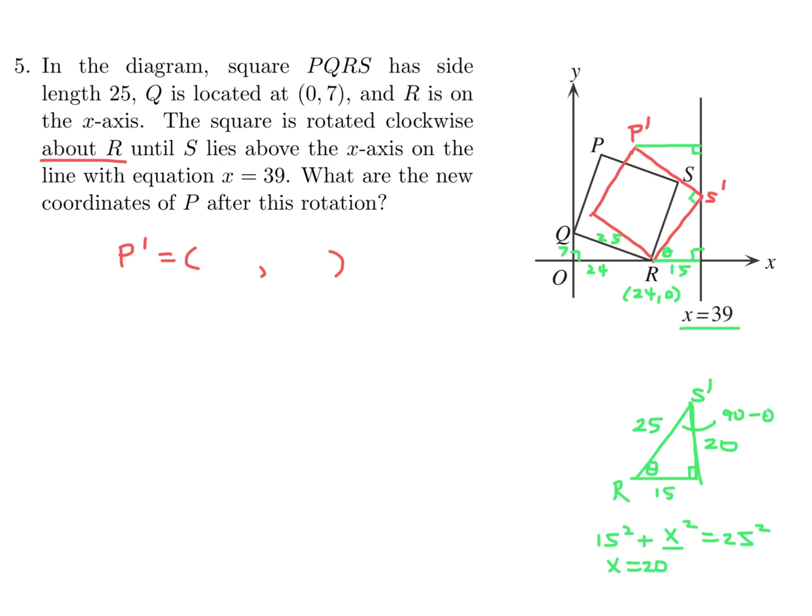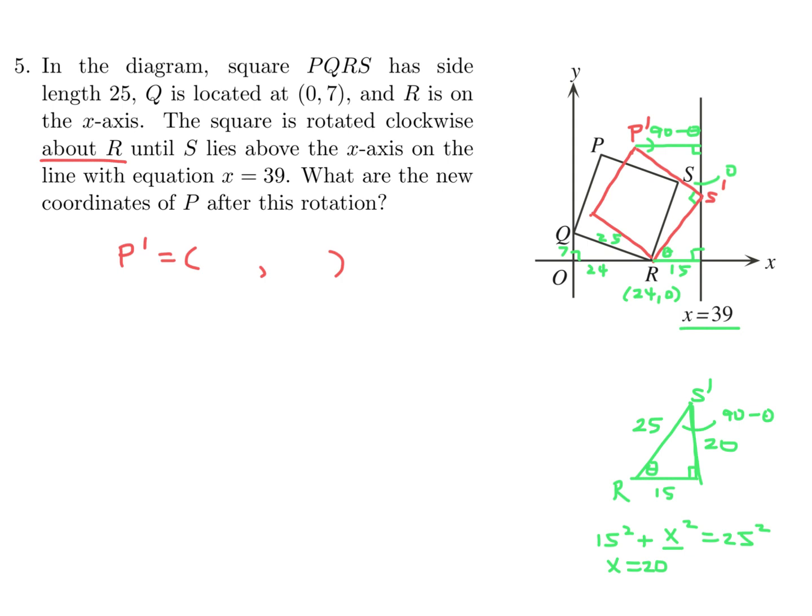This is a right angle, so this angle in here would be theta, and this angle in here would be 90 minus theta. So those two triangles are similar.